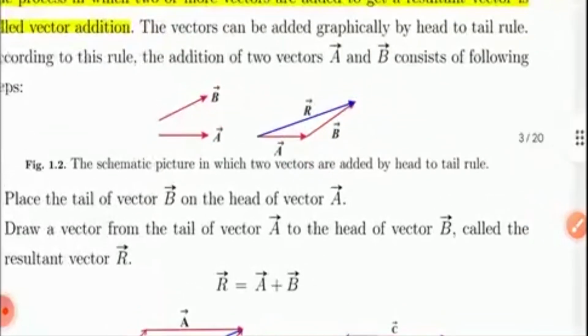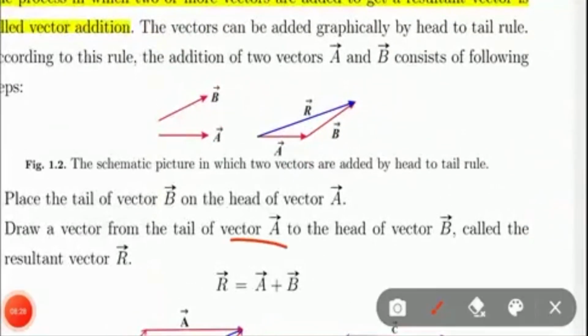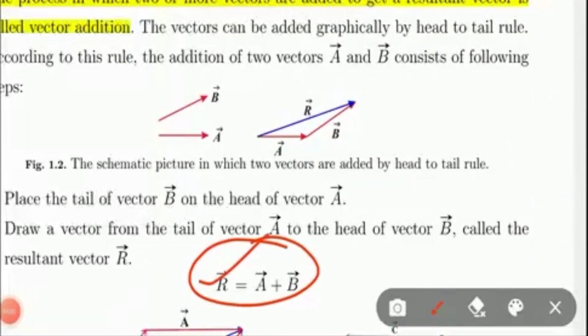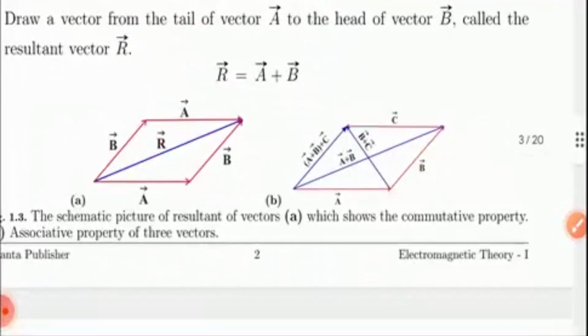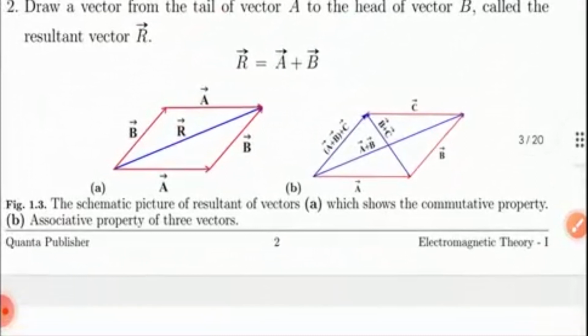Mathematically, we can write it as, here you see its mathematical equation. Left hand side is the resultant vector, and on the right hand side we express it as vector A plus the vector B.